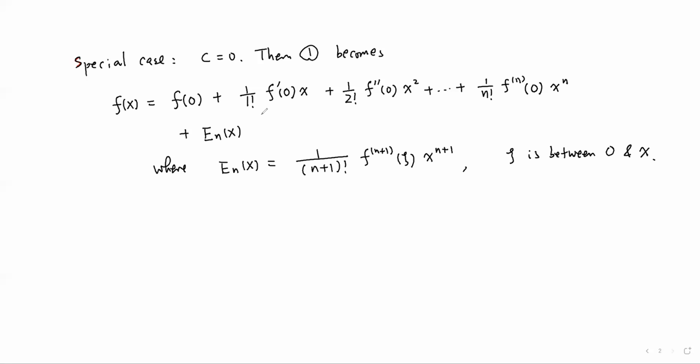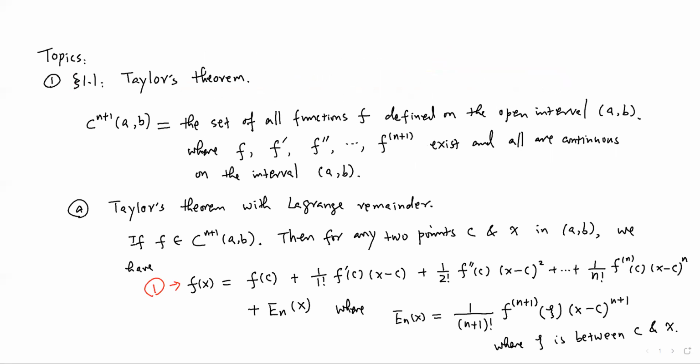This is Taylor's formula with Lagrange remainder. Okay, this polynomial, we usually call it Taylor's series. Now, this is the first form about Taylor's theorem, Lagrange remainder.